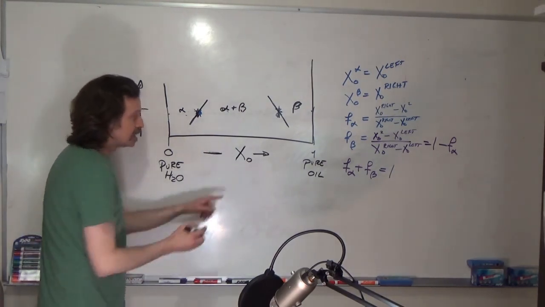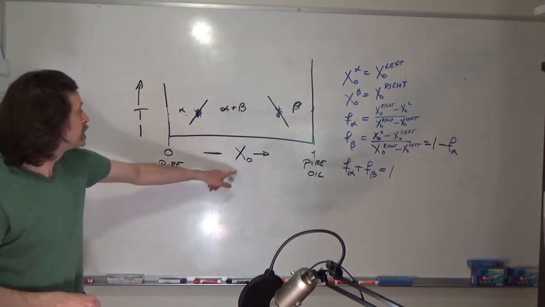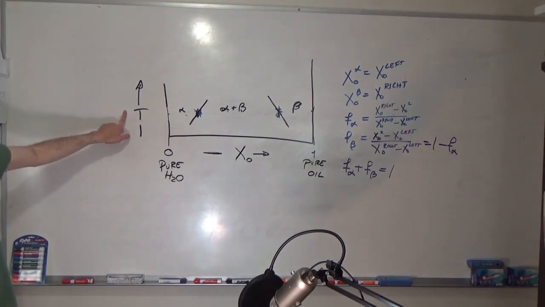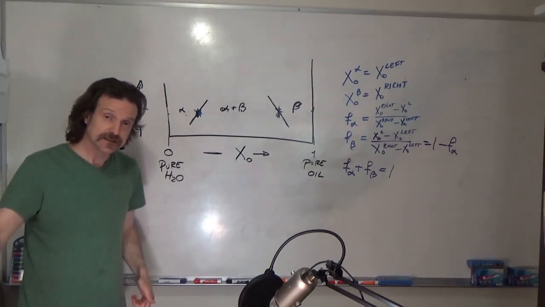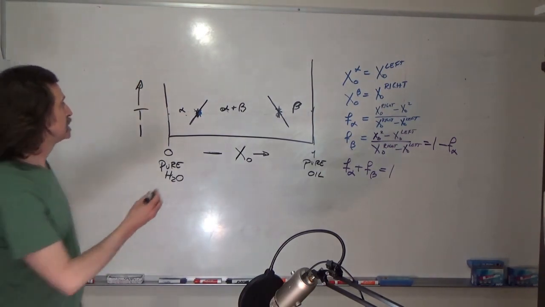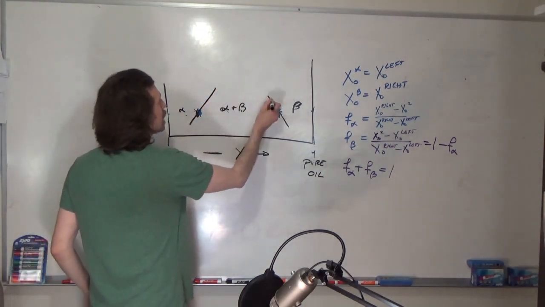So now we have a way to think about this phase diagram as a function of composition, in this case, the mole fraction oil and the temperature. And what this also tells us is that at any temperature, let's just draw this out a little bit more.